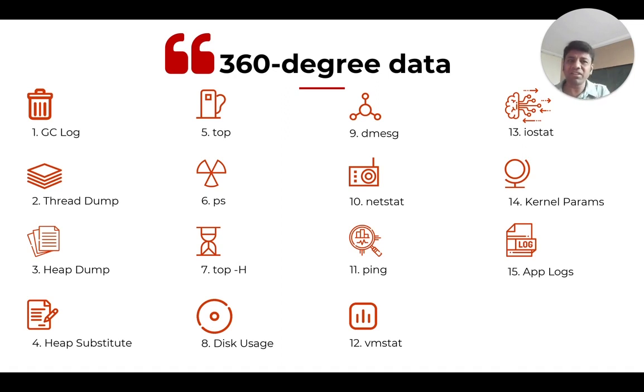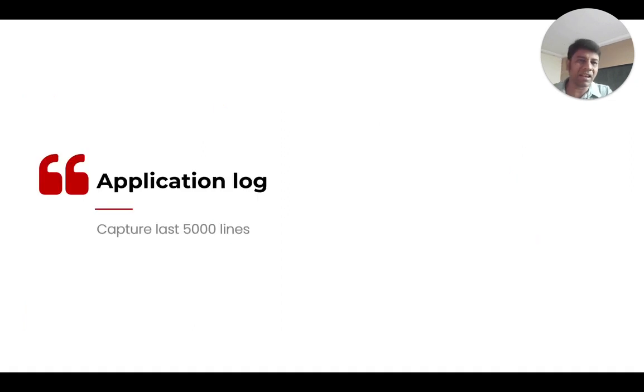In the container, everything goes away when it gets shut down, right? So we want to capture them. The script can capture the last 5,000 lines of the log and send it to you so that you can look at it, right?